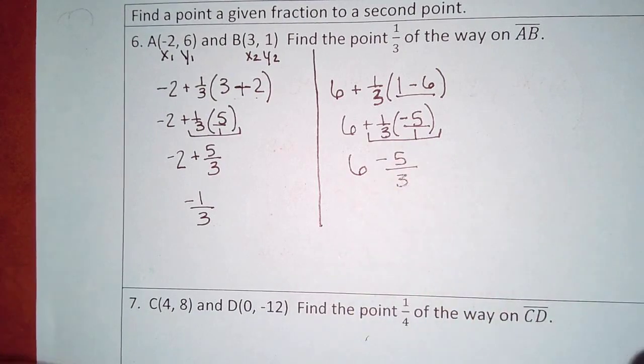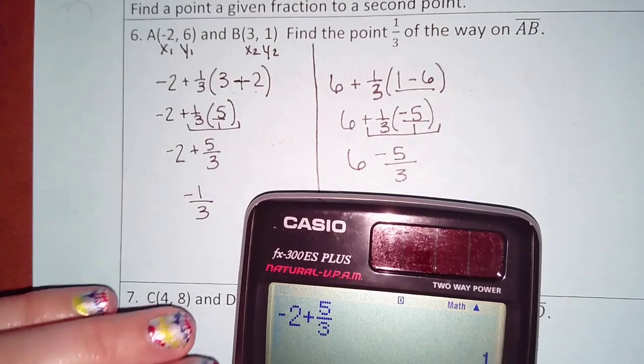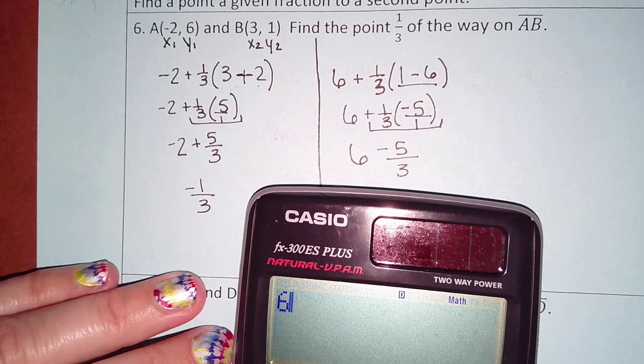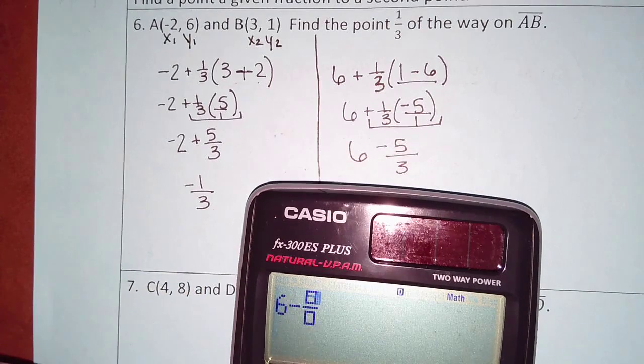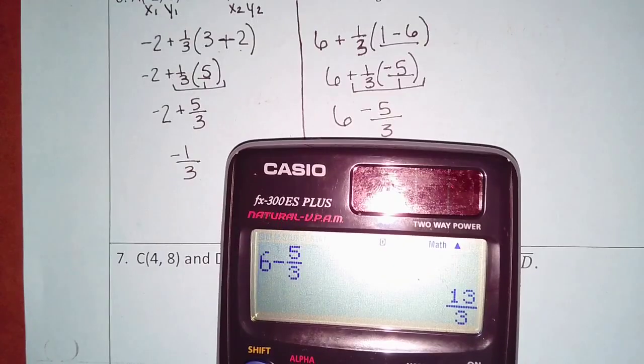And now I can plug this into my calculator. So it's 6 minus fraction 5 over 3. And I get 13 over 3.